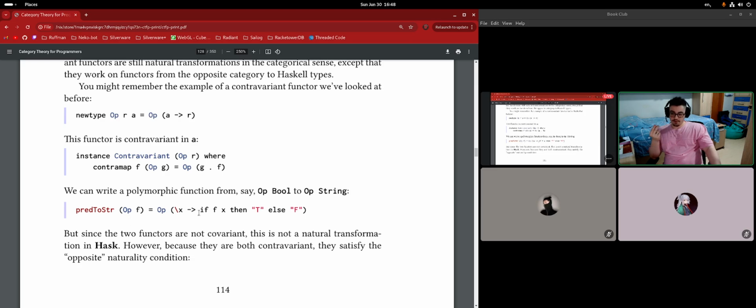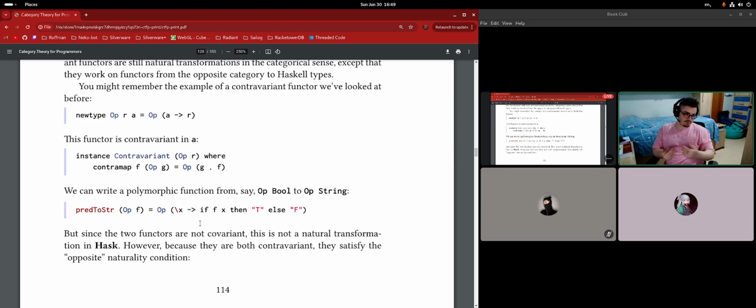So because these functors are not covariant, this is not a natural transformation in Haskell, which is set plus non-termination and bottom. Bottom and non-termination are effectively the same thing, though. No, I know, but I'm just quoting the book, from chapter 2 or something, because I happened to read that again today.